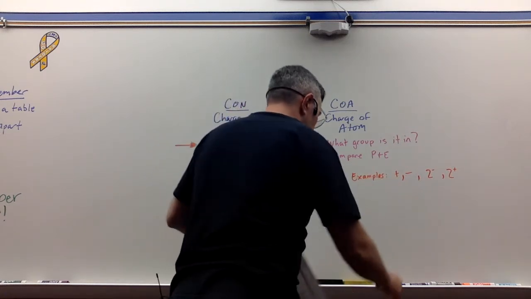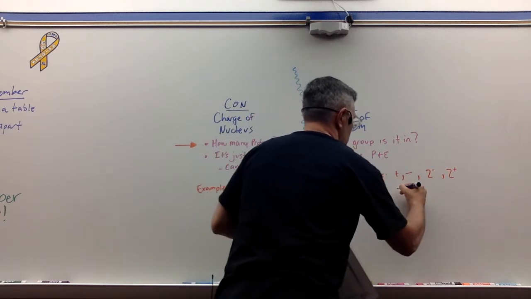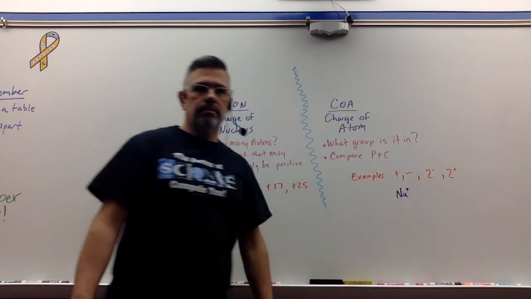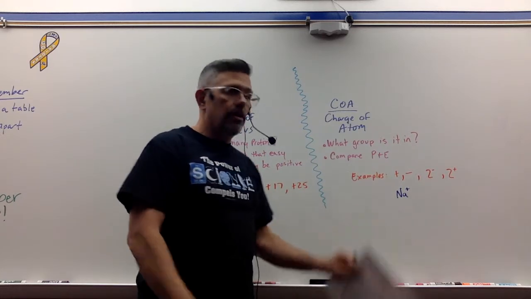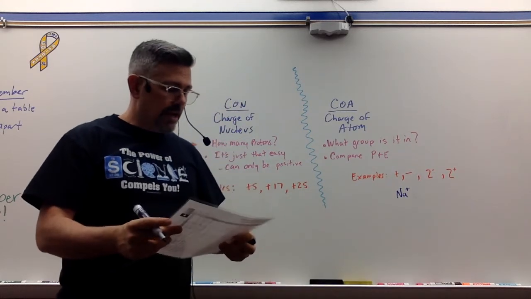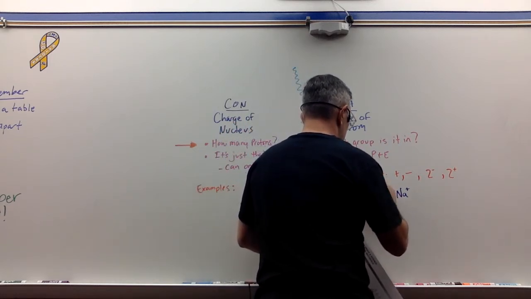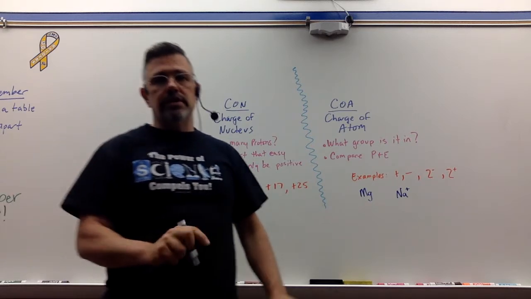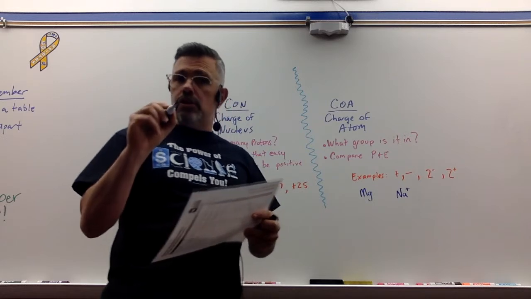So, for example, Na, sodium, would have a plus. That's what would happen if it reacted. That would be the charge of the atom. So let's try an element from group 2. Let's try magnesium. Magnesium has 2 electrons in its outer shell. Its atomic number is 12.